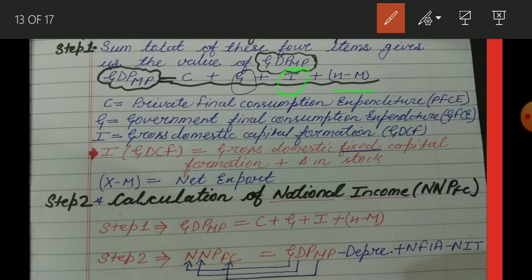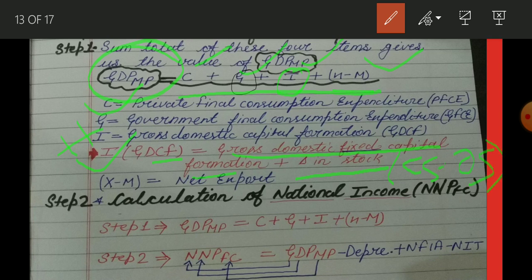Whenever you add these four elements, C plus G plus I plus X minus M, you get GDP MP. Note this down, it is important: I is the sum total of gross domestic fixed capital formation and change in stock. And change in stock is calculated as closing stock minus opening stock.